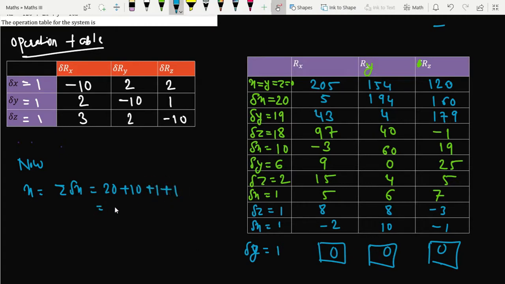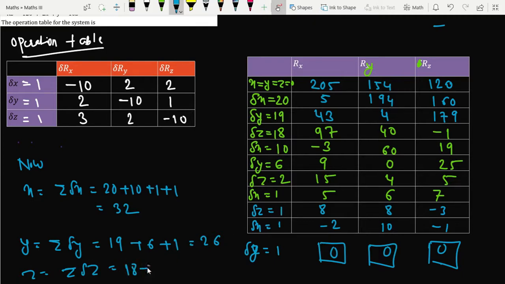So it is 32. So value of x is 32. The value of y means the summation of all delta y. So delta y is 19 plus 6 plus 1. It is 26. And the value of z is the summation of delta z, which is given by 18 plus 2 plus 1. That is 21.